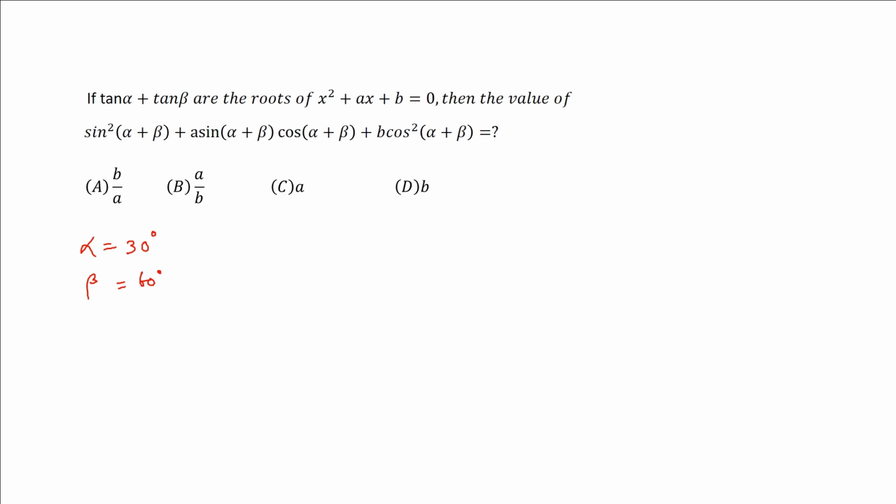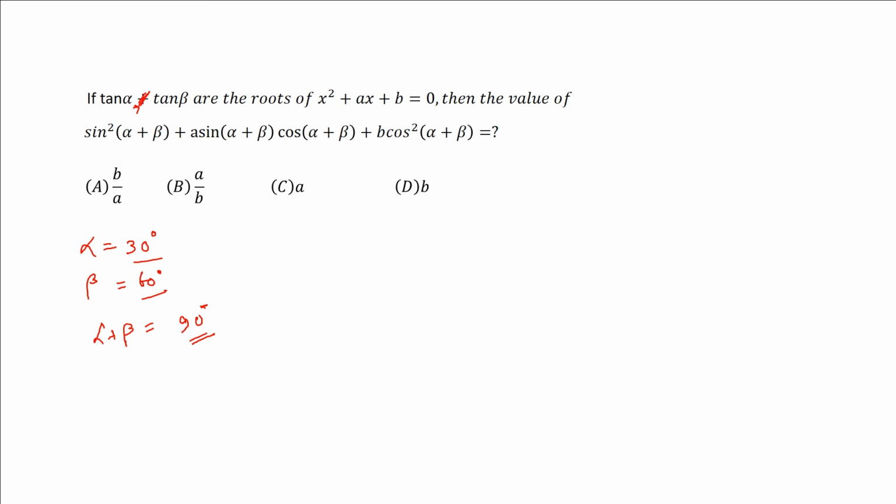You can choose alpha and beta in another way, but I think alpha equal to 30 degree and beta equal to 60, that is the sum of alpha plus beta equal to 90 degree, is more appropriate for this sum. Now it is given that tan alpha comma tan beta are the roots of this equation.